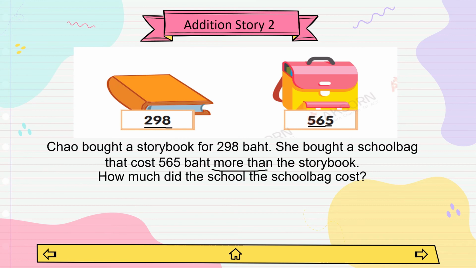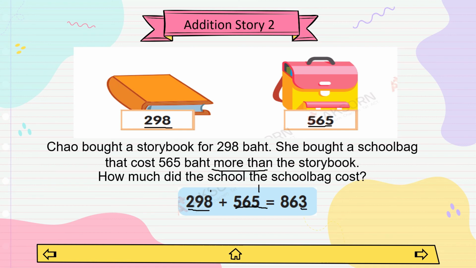For the third step, we're going to ask the question: how much did the school bag cost? So we solve this by writing the number sentence 298 plus 565. First we're going to add the ones. 5 plus 8 is equal to 13.